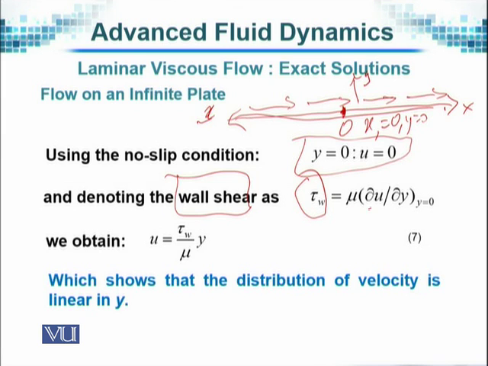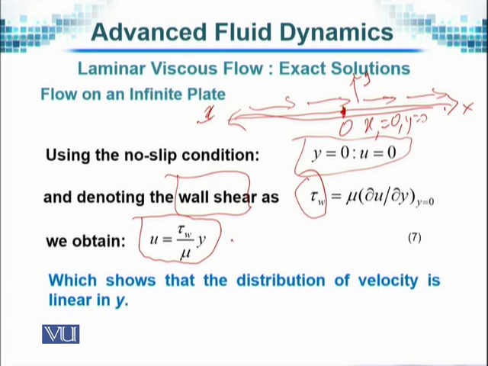So this will be equal to mu times the partial derivative of u with respect to y at y equal to 0. So this brings us right on top of the plate. And therefore the result will be that u will be equal to tau w by mu into y.